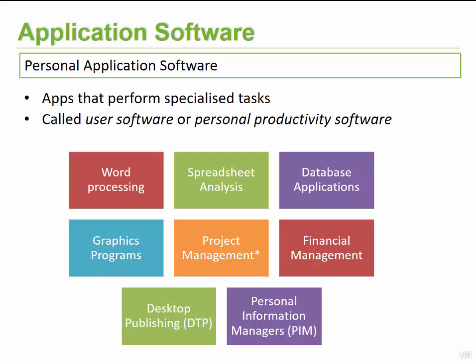You might want or prefer to use certain packages, and you would enable or install those packages on your mobile phone or perhaps your computer. Some of these examples include word processing, spreadsheet analysis, data applications. We do get graphics programs, project management, financial management, desktop publishing, stuff like Microsoft Publisher, and then personal information managers. So these are just a few of the ones available.